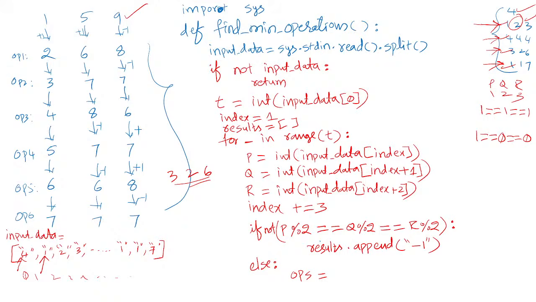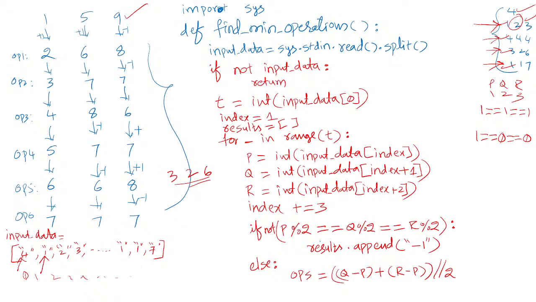You have used capital letters, no? Q minus p plus r minus p, then the whole divided by 2. It should be integer division.